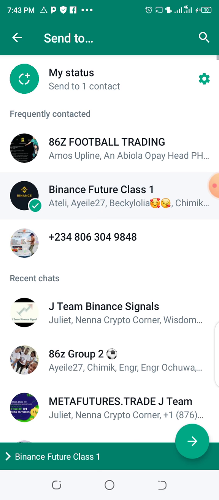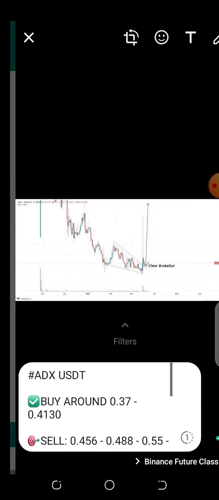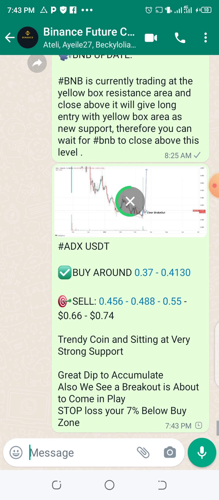Binance Futures Class 1. Okay, let me share it here. Right now they say we should buy ADS/USDT. We should buy around 0.37 to 0.41 and we should sell around 0.456 to 0.488.